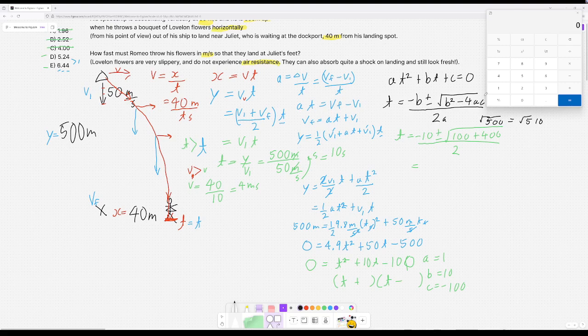Okay, so we could say this as minus 10 divided by 2 plus or minus 10 square root 5 divided by 2. That's 5, and that's 5. So we work this out. T equals, should we just put the 5 outside here?